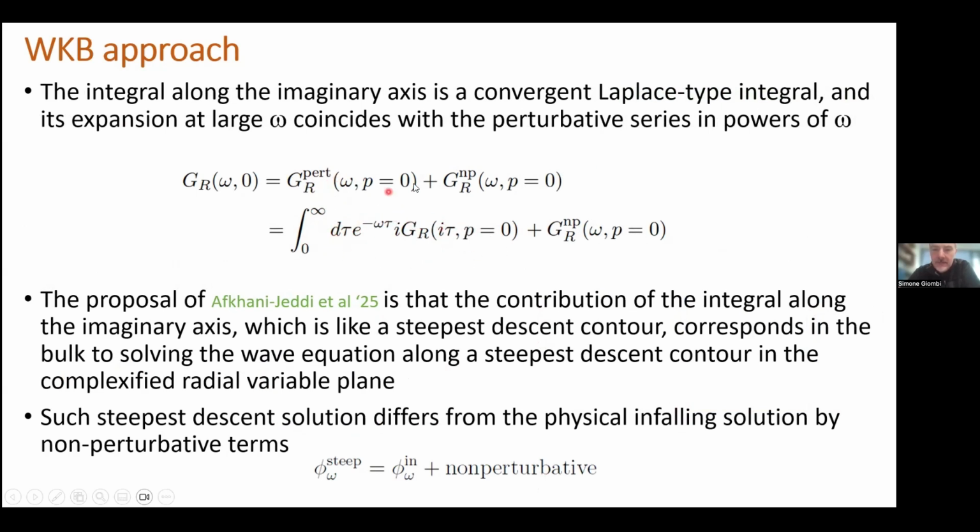So this maps directly to this, and the contribution of the singularities maps directly to this non-perturbative part.